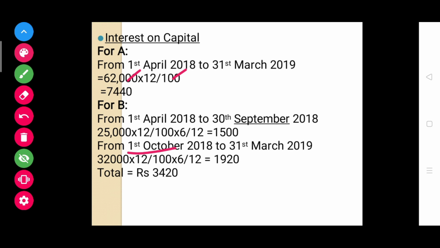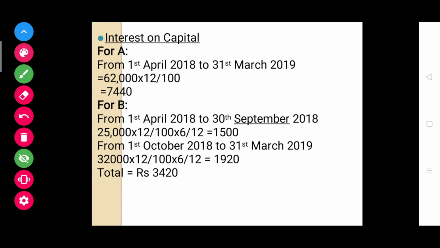So we will calculate interest on 25,000 for the first 6 months, that is from 1st April to 30th September, and then we will add additional capital, that is 25,000 plus 7,000, and we will calculate interest on the new capital 32,000 for the next 6 months, that is from 1st October to 31st March.